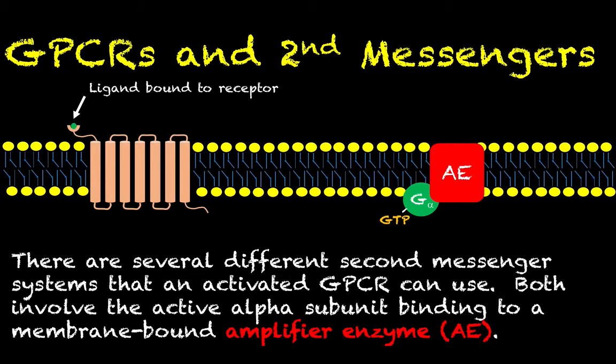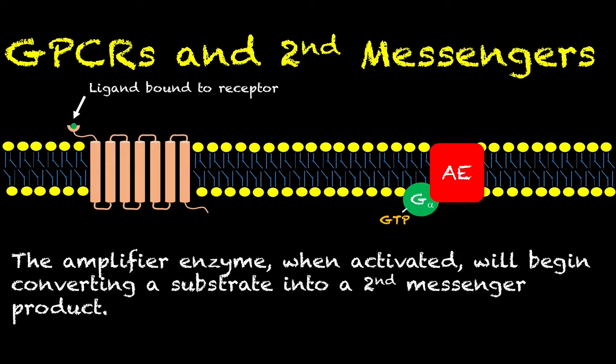So we'll look at two of the most common ones, but both of these are going to involve the active alpha subunit interacting with and binding to a membrane-bound amplifier enzyme. Okay, so this is an enzyme that is inserted in the cell membrane that is, once activated by the alpha subunit, going to rapidly start catalyzing a reaction that will produce a second messenger product.